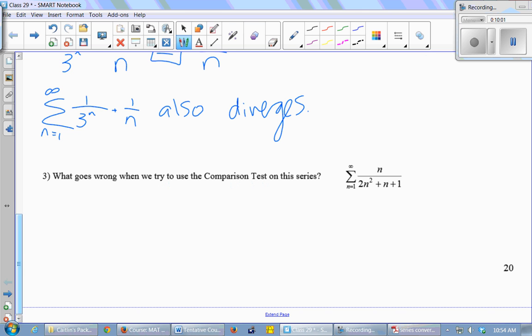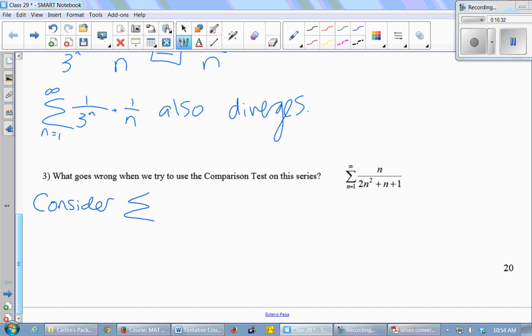All right, what if I try to use the comparison test on the sum of n over 2n squared plus n plus 1? I might consider comparing it to the sum. Well, I'm thinking, because I'm going to start plugging in really, really big n's, eventually my terms are going to start just looking like n over 2n squared, because those other two terms will be less significant.